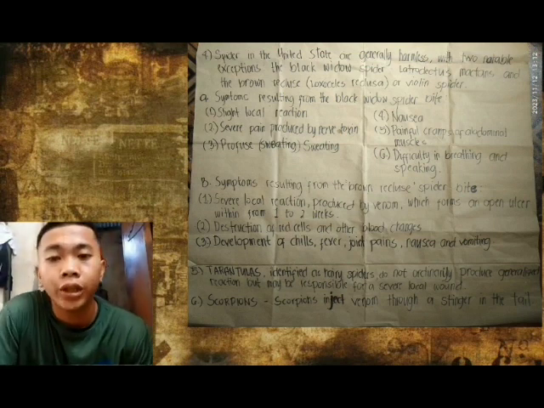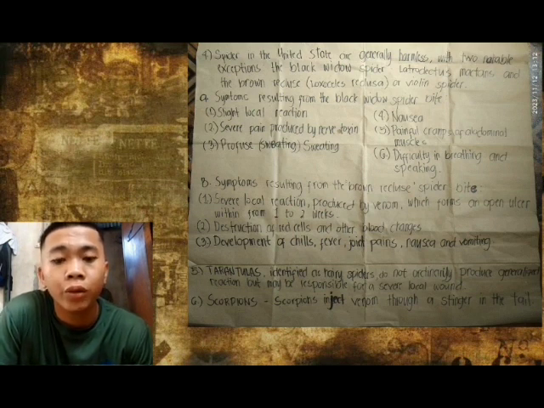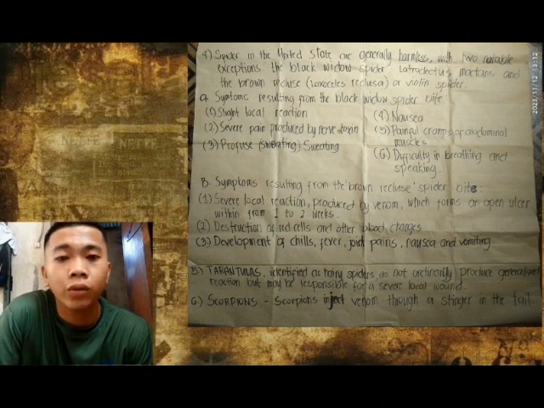Next, the symptoms of recluse spider bites. First, it forms an open ulcer within one to two weeks. Second, destruction of red cells and other blood cell changes. Third, developing chills, fever, joint pains, nausea, and vomiting. Fourth, developing rashes within 24 to 48 hours.